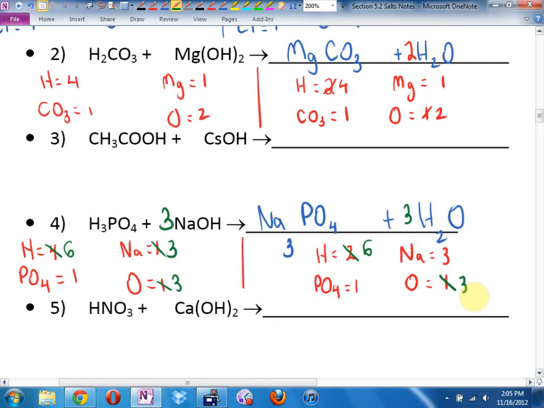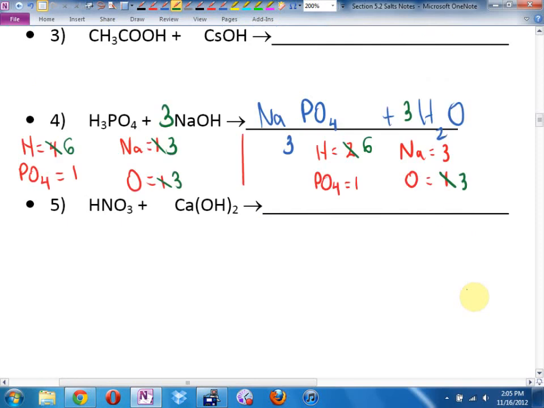Let's try another one. Example 5. Acid plus base, see the acid, Darian? See the base? Results in water, and the other ones are going to combine.